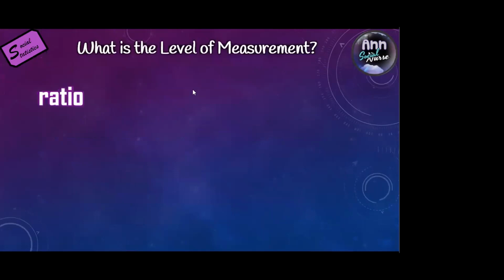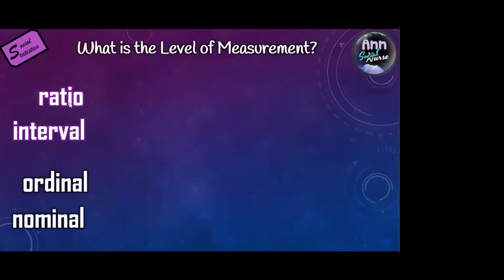What is the level of measurement? Let us mention again these four levels. So these are arranged according to level. This is the lowest level and this is the highest level. So ratio has the characteristics of those that are below it, interval and ordinal, and the nominal has the most basic characteristics.